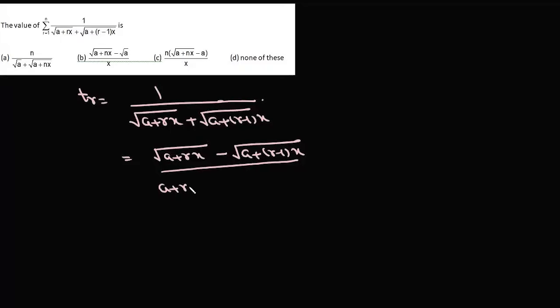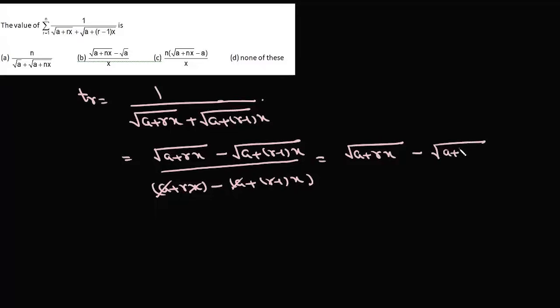So we can write a plus rx minus a plus r minus 1 x. Now a will cancel and rx will also cancel. So it will be simply under root of a plus rx minus under root of a plus r minus 1 x upon x.